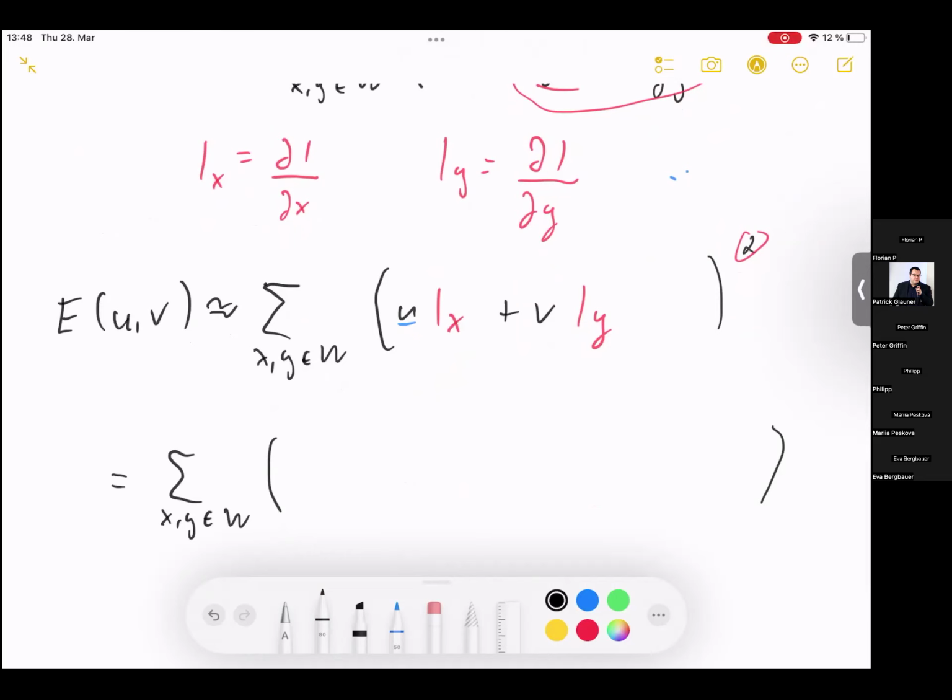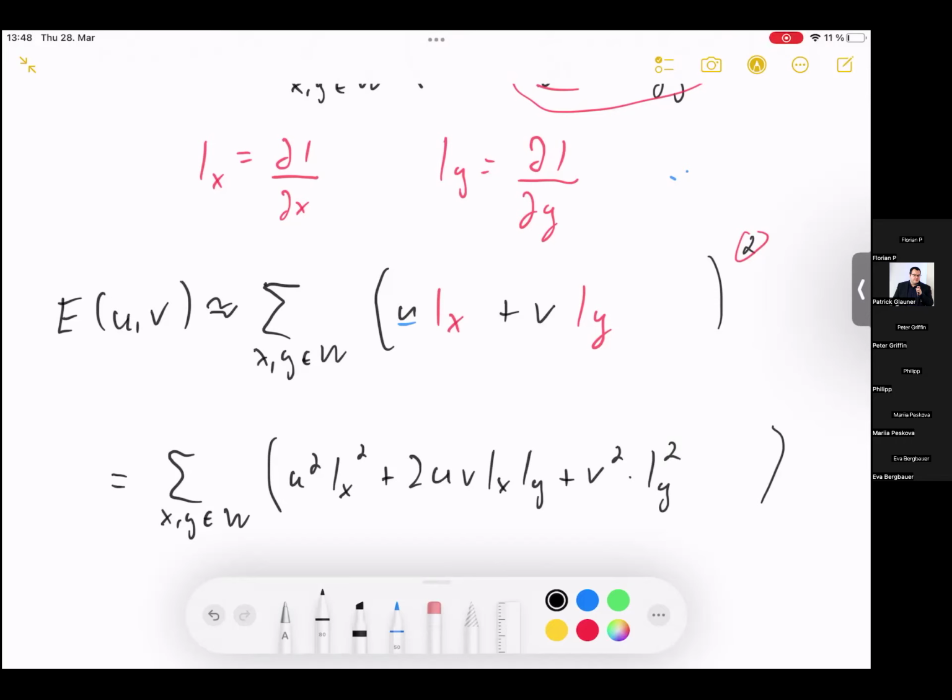And what I get is u squared times Ix squared plus 2uv IxIy plus v squared times Iy squared. It's all written in a slide for you.